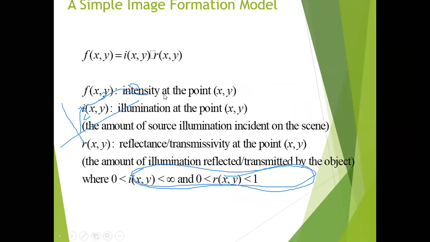So if I want to improve the quality of that, we require certain image processing algorithms. To understand the algorithms mathematically, let us have some representation model. f(x,y) is the intensity at that particular point, and there may be illumination also. The amount of source illumination incident depends on the reflection at the point.